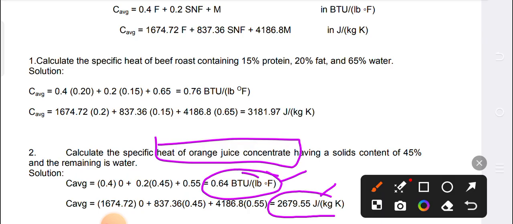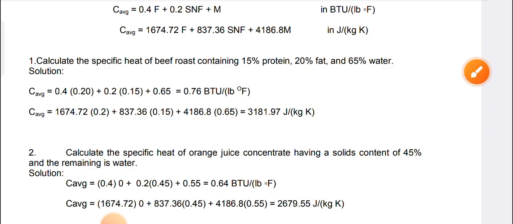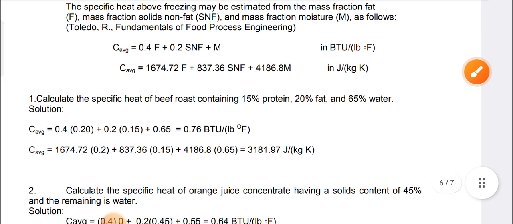Okay, so this 0.64 British thermal unit per pound per degrees Fahrenheit is just equal to 2,679.55 joules per kilogram per Kelvin. Okay, so you have those as the formula and problems for the estimation of specific heat of foods above freezing.